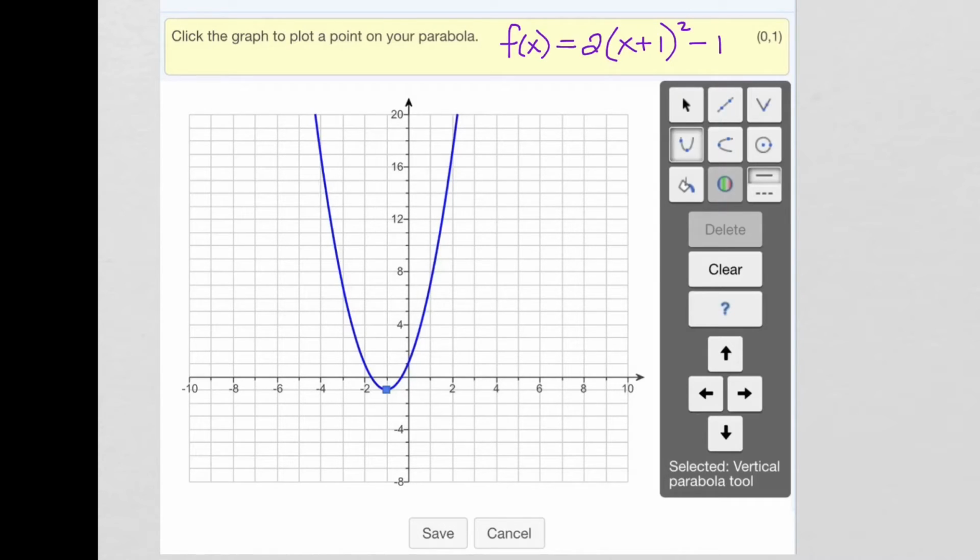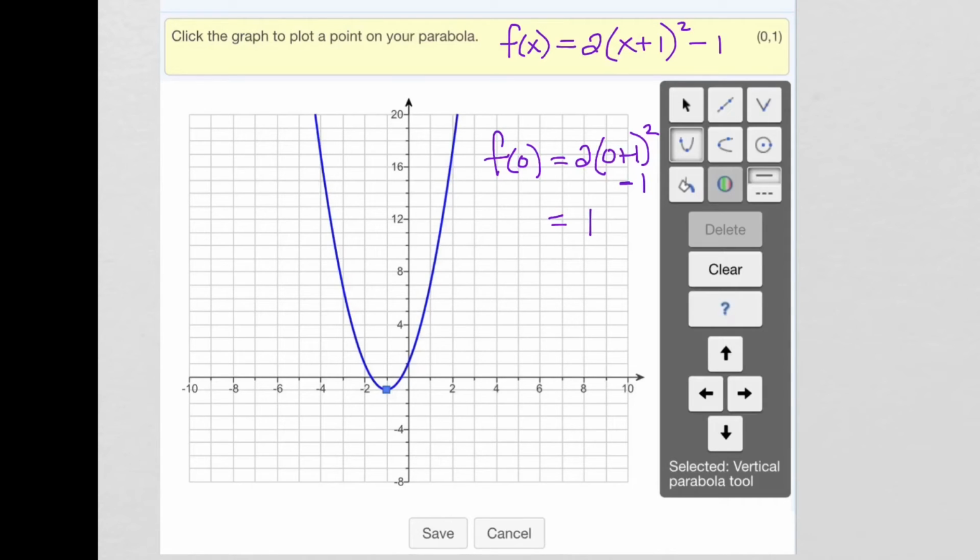So if I find f of 0, that's 2 times 0 plus 1 squared minus 1, and that equals, let's see, 1 squared, that's 2. 2 minus 1 is a positive 1.